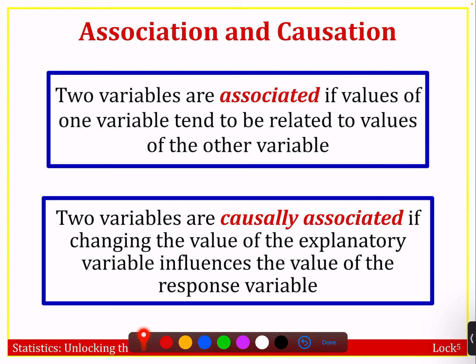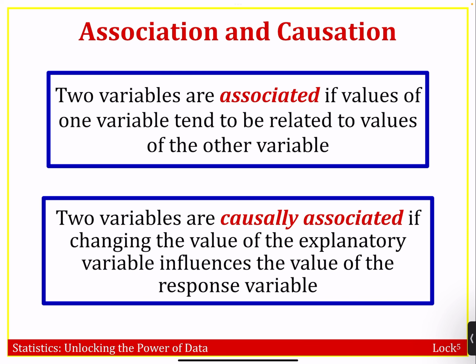In the example I gave with your paycheck, the number of hours you worked was the explanatory variable because it explains the value of the response variable, the amount of money in your paycheck. We'll spend a lot more time with this.